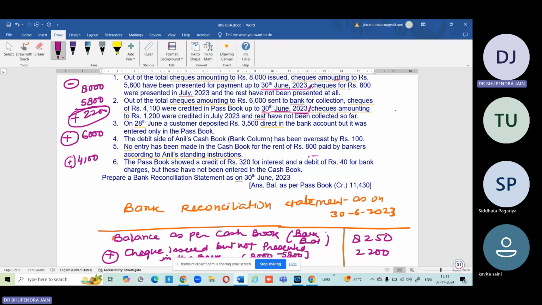So we have increased the balance by rupees 1,900 more than the bank. The difference between our balance and the bank balance is an excess of 1,900, so we have to subtract 1,900 from the bank balance so that we can match.